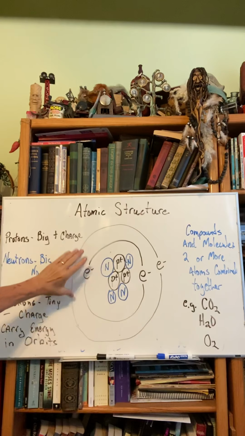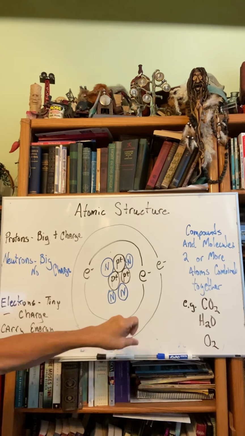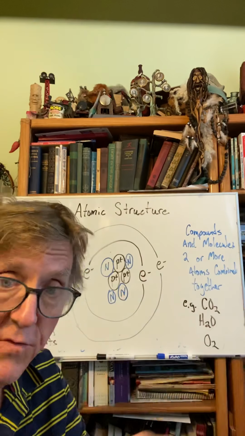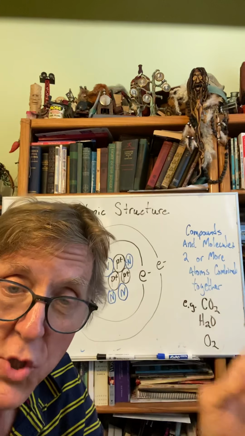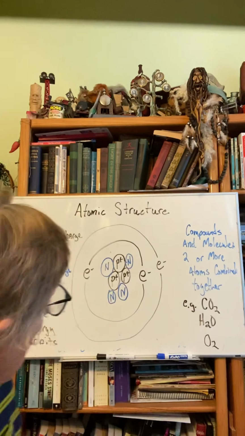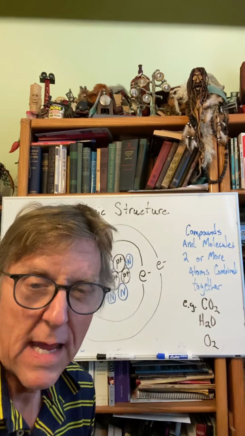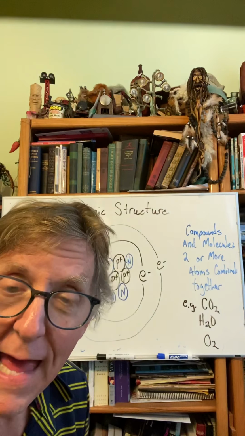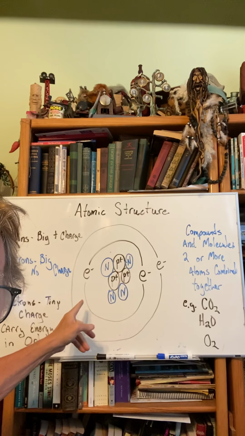Well, it ends up that these areas that are filled with electrons, where the electrons are orbiting, we call them orbits or electron shells. And in order to gain stability, another way of saying that is, the atom wants to have all of their electron shells filled.